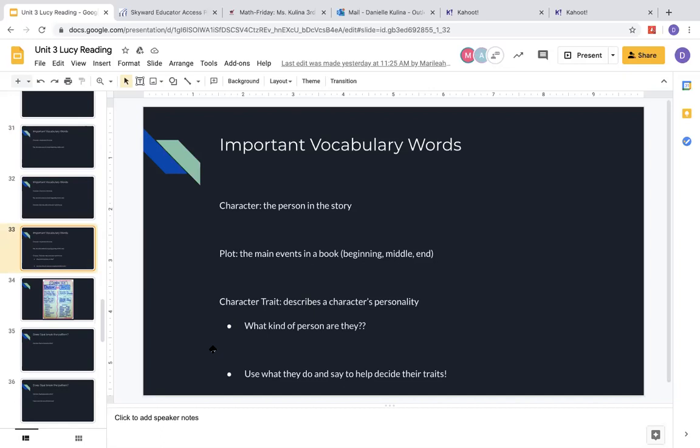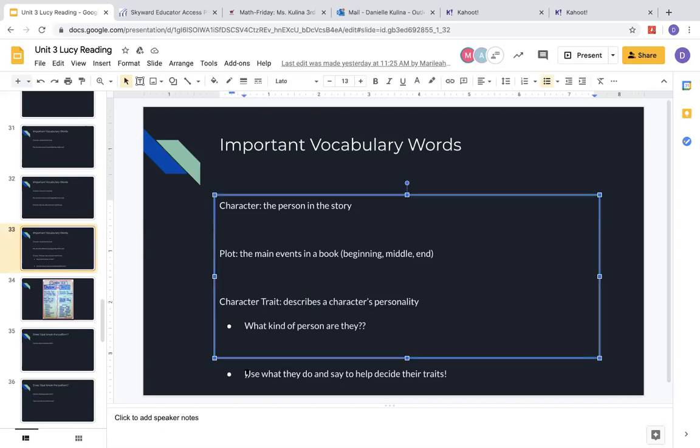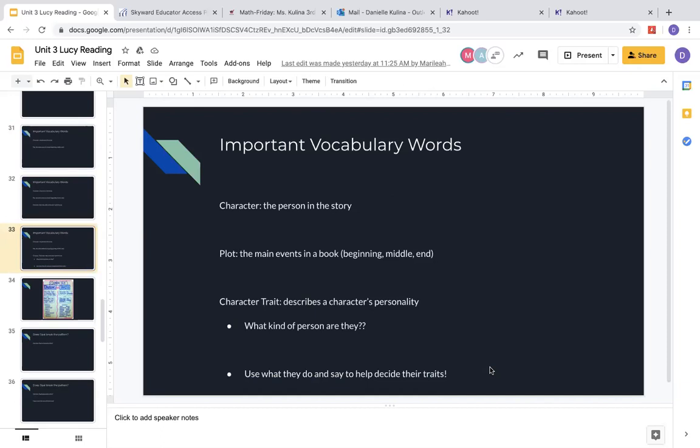Think about Opal real quick in your head. Think of one word that you would use to describe Opal. Is she mean, brave, kind-hearted, nice, shy, lazy? And then we also have to think about what the characters do and say. Remember, sometimes when you describe a character, I'm going to ask why.